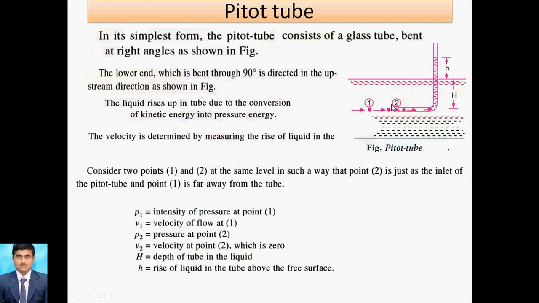P1 is the pressure at point 1, V1 is the velocity at point 1, P2 is the pressure at point 2, V2 is the velocity at point 2, capital H is the depth of the tube in the liquid, or the liquid level, and small h is the rise of liquid level from the free surface. Free surface means the water surface.